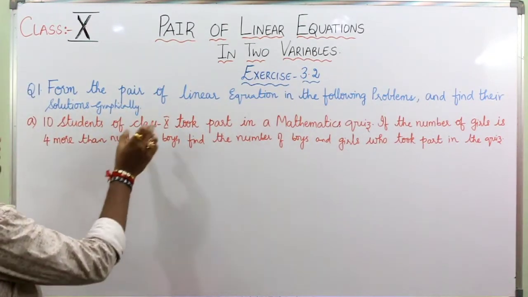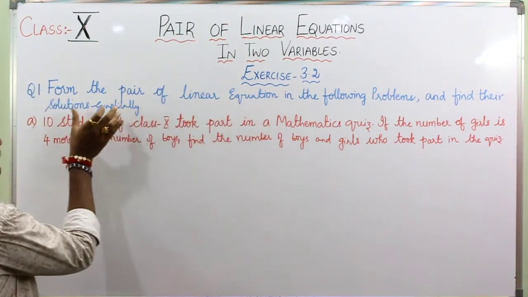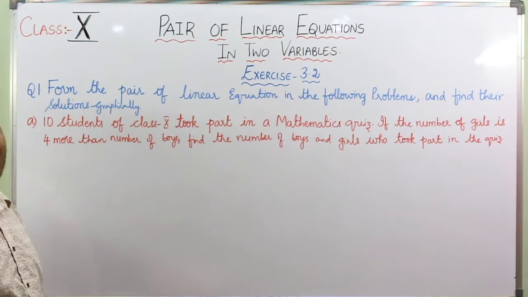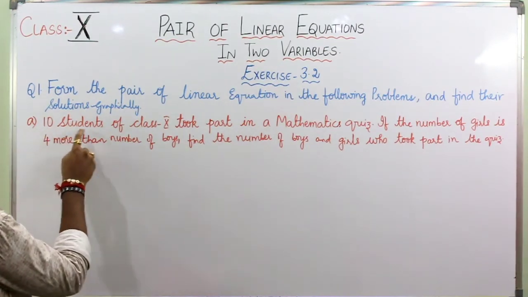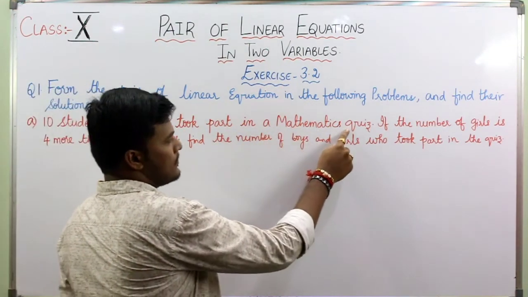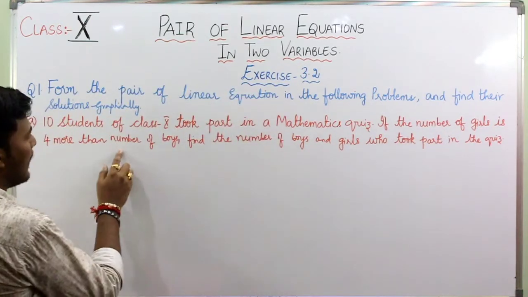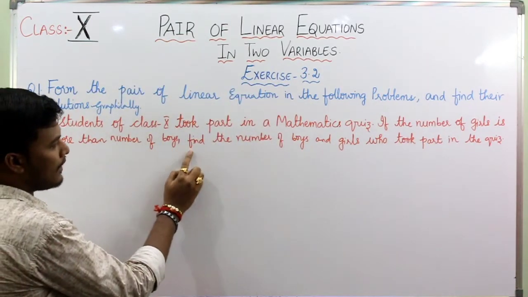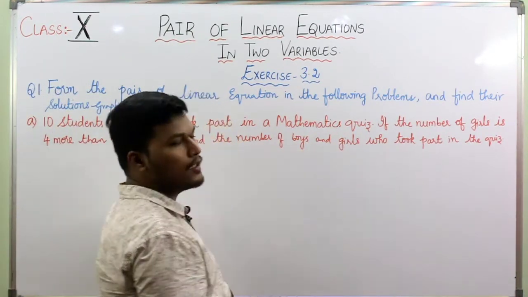So we have to form the linear equations as well as get the solutions by using the graphical method. The first question is: 10 students of class 10 took part in a mathematics quiz. If the number of girls is 4 more than the number of boys, find the number of boys and girls who took part in the quiz.